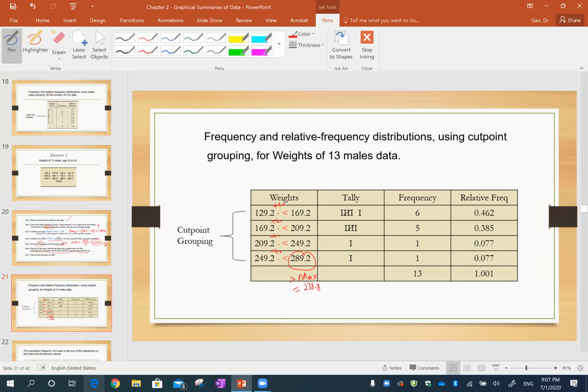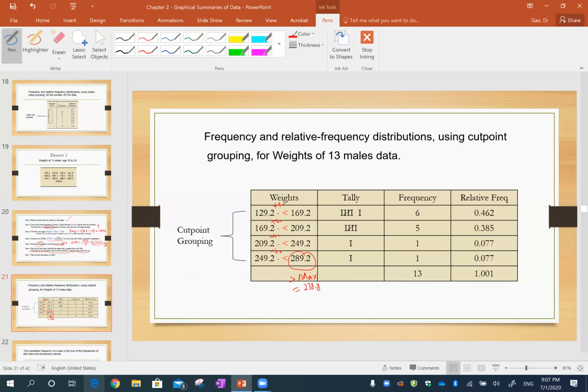If you look at 249.2, you still don't have a place to store the largest number, so you still have to continue to include 289.2. Then we finish the grouping. This way we call cut point grouping. Now you can look at each number.